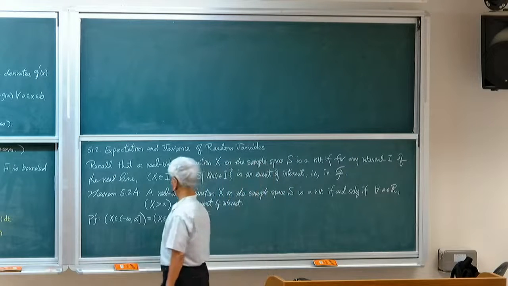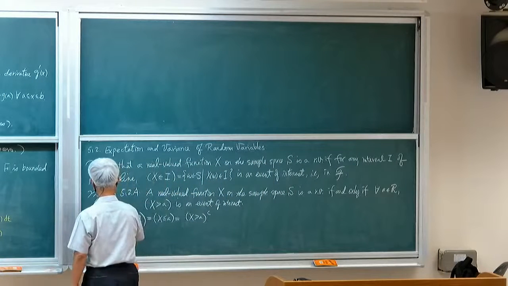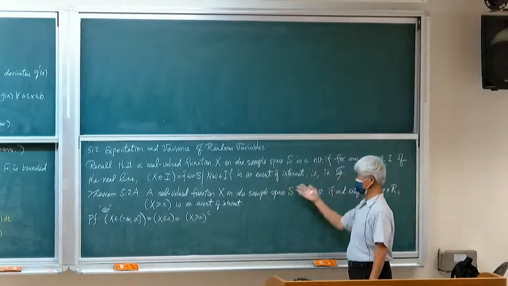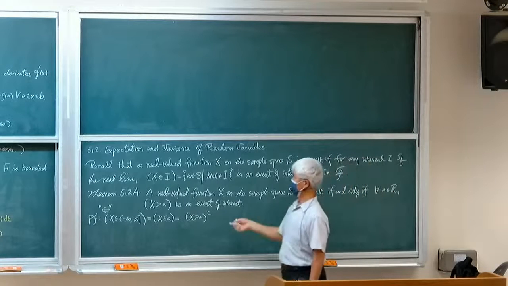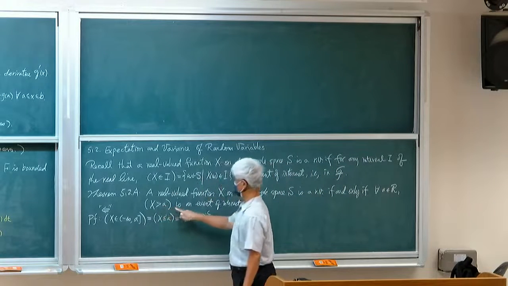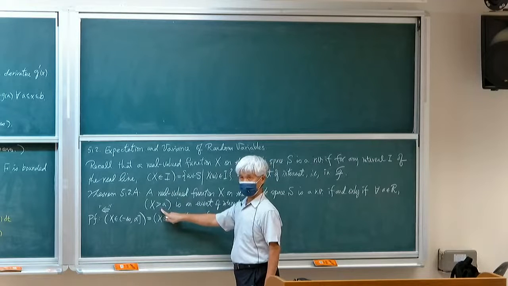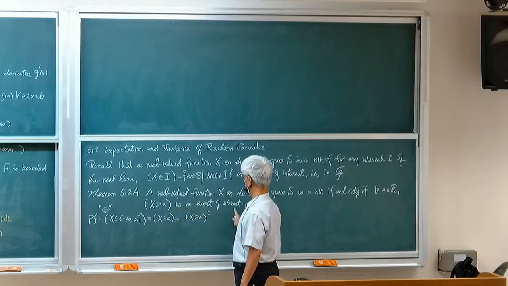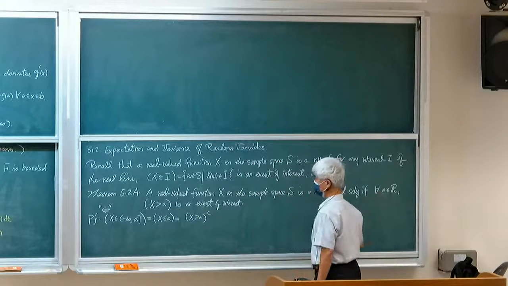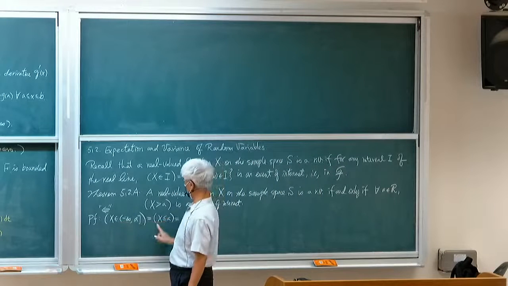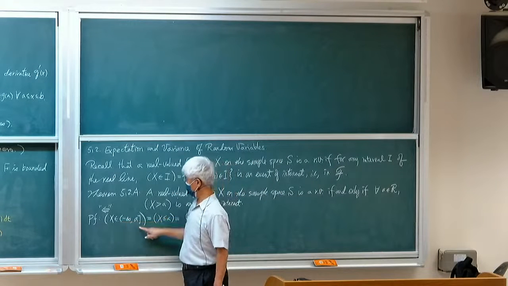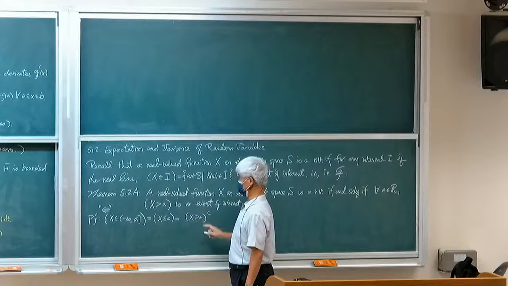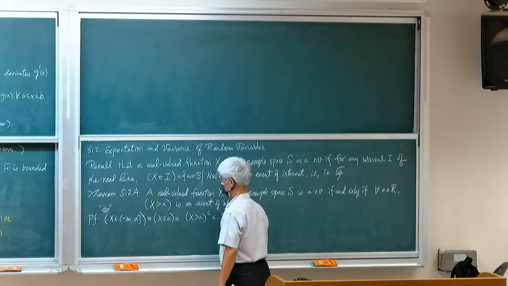We only need to show this direction because the forward direction is trivial. So suppose that we know these types of subset of the sample space are events of interest for all little a on the real line. Now if our interval is this type, this is just the complement of that, so this is also in F.